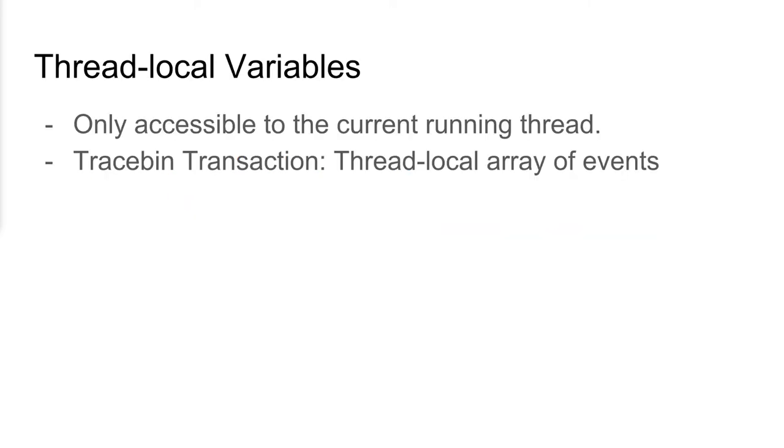So our agent assigns an array to a thread local variable when the transaction starts. Events get shoveled into that array as they occur. This lets us collect events in separate transactions without erroneously accounting for events that occur in other concurrent transactions.